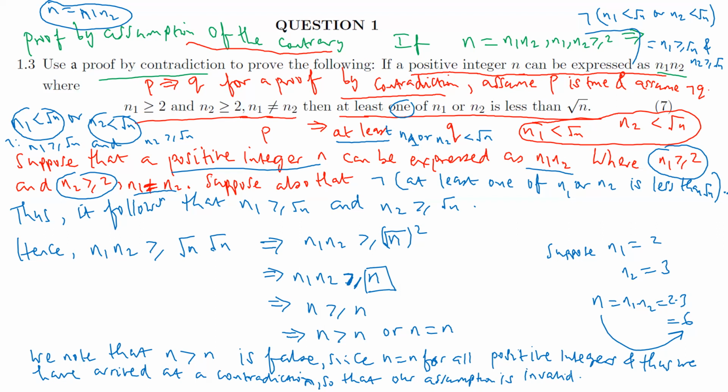And therefore, it follows that the statement itself is a true statement as given. And then we say the result has been proved.